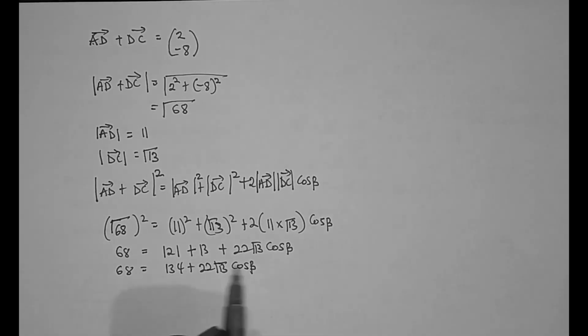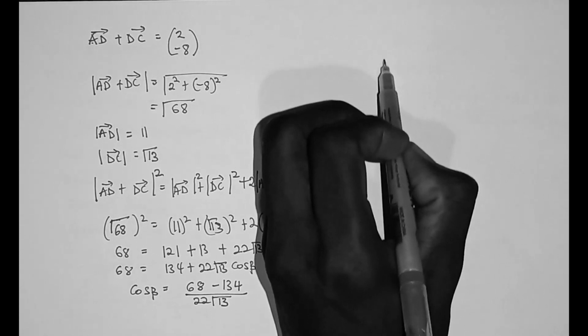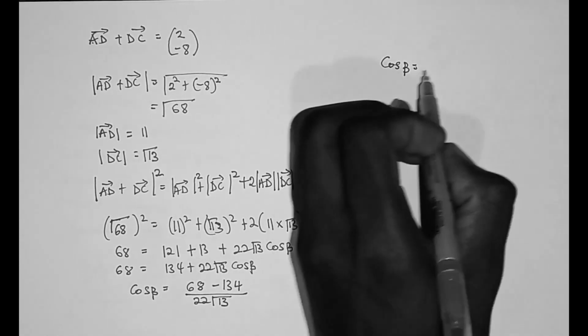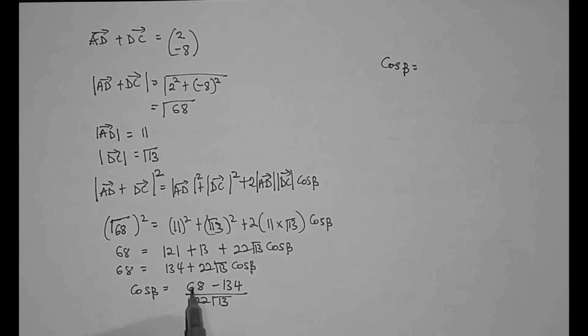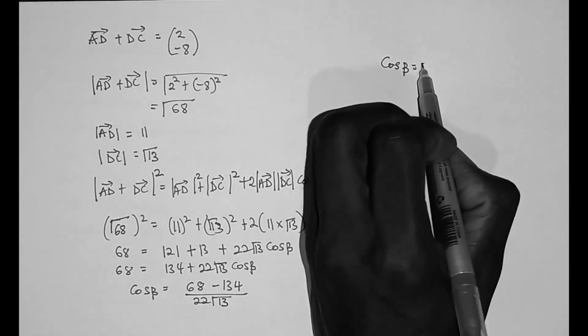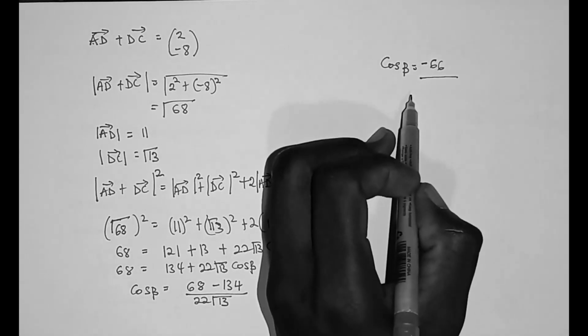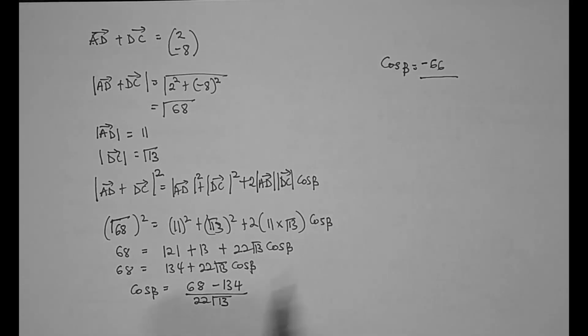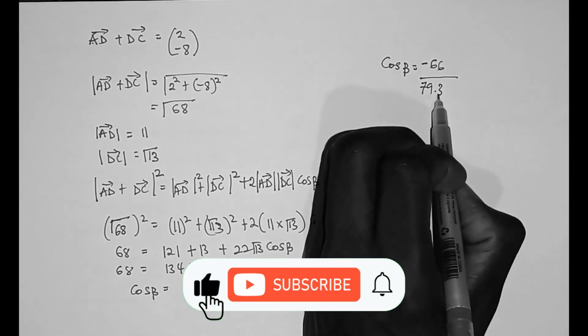So let's make cos beta the subject. So cos beta is equal to 68 minus 134 divided by 22 root 13. So cos beta is equal to 68 minus 134 is minus 66 divided by 22 root 13 is 79.322.